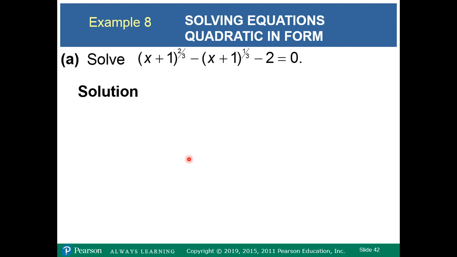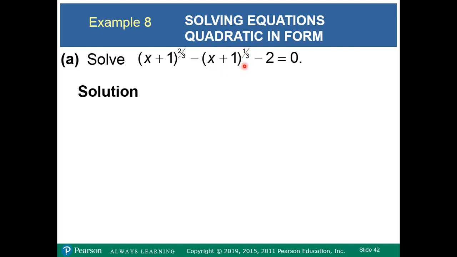Now, here, we've got an x plus 1 here, an x plus 1 here, and notice this has a square up here, and this has a 1. Okay, so why don't I make my u substitution as u equal to x plus 1 to the 1/3 power.